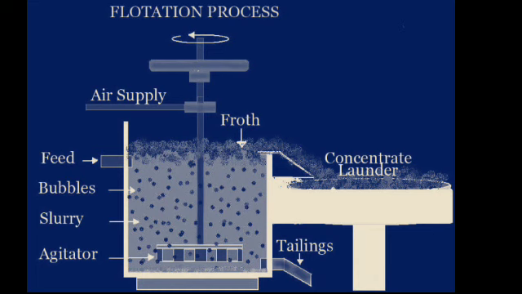The agitator is used as per the requirement. Bubbles are formed due to the blown air. Due to the agitation, a foam is formed from oil, water and air bubbles together.